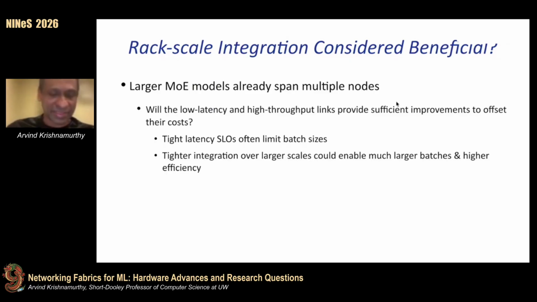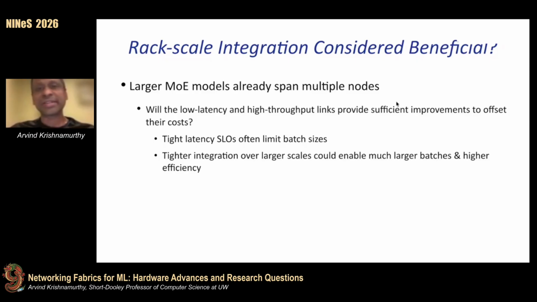Moving on to rack-scale interconnects, the question which is top of mind for me is whether the cost that we are investing in these rack-scale interconnects is really worth the benefits that we'll get out of it. Notice that we already have large MoE models which span multiple nodes.